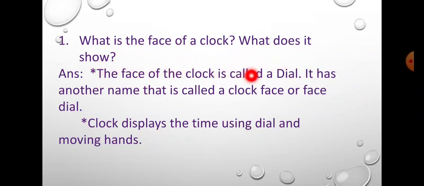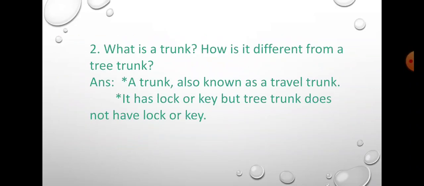Shall we move to the next question? The second question is, do you remember the trunk? There are two kinds of trunk. One is the tree trunk, another is the trunk which has the lock and key. So here, what is a trunk? How is it different from a tree trunk? A trunk is also known as a travel trunk or suitcase, right?